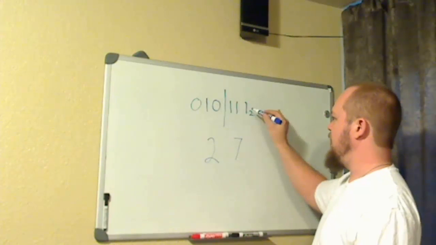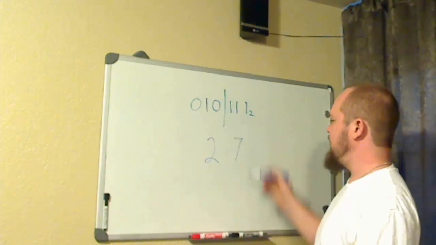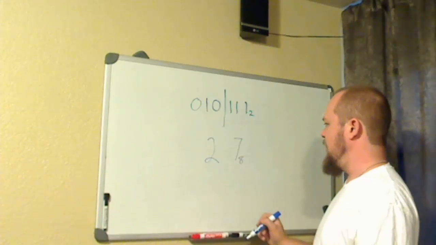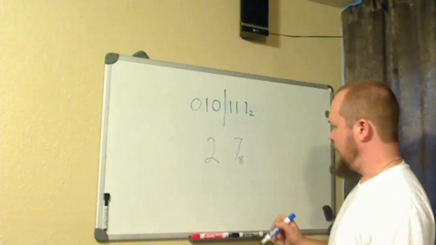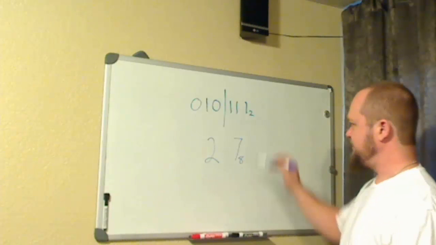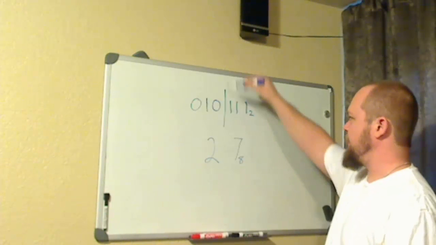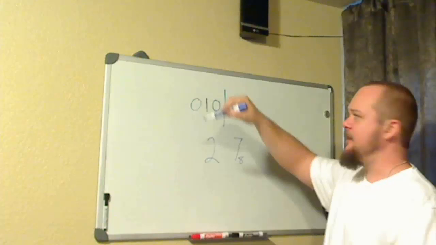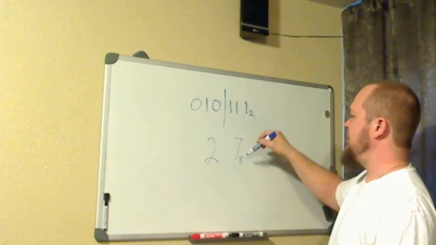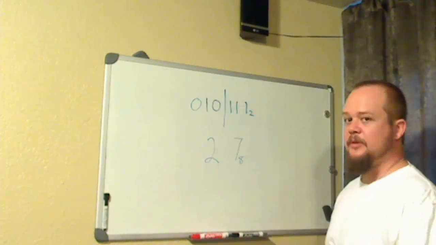This binary number is now equal to 27 in octal, base 8. Very, very easy to convert this. As I said, break it up into 3-bit sections as far as your binary number is. Every 3 bits will equal 1 digit in your octal number.